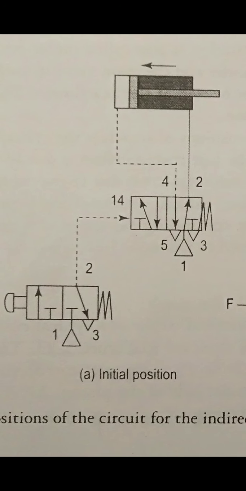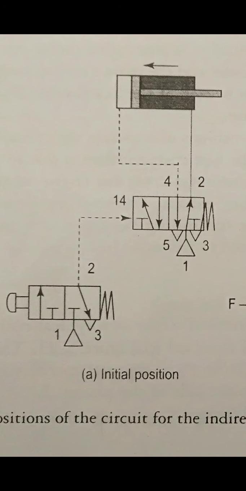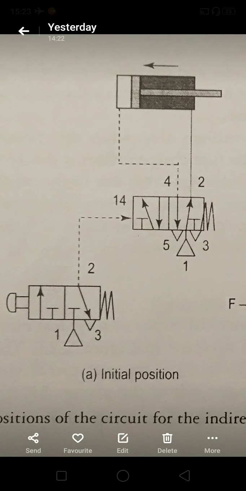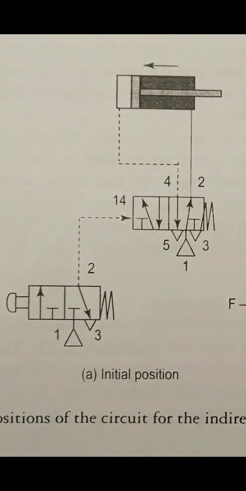So what happens, 1 is connected to 2 because this 5 by 2 DC valve, which is pneumatically operated, has that much pressure inside. So now this pressure port 1 is connected to 2, which is again connected to the right side of the piston.